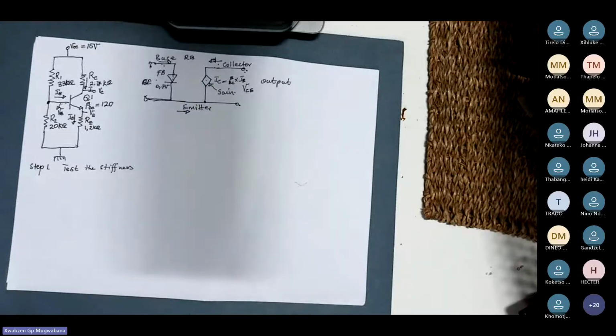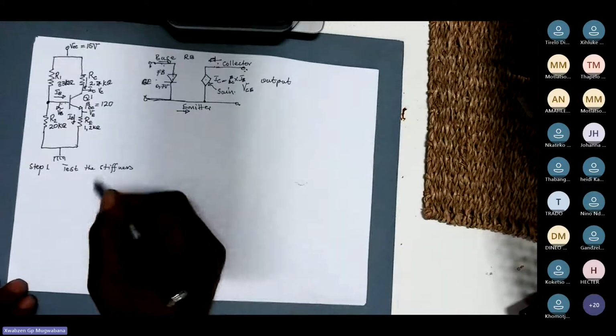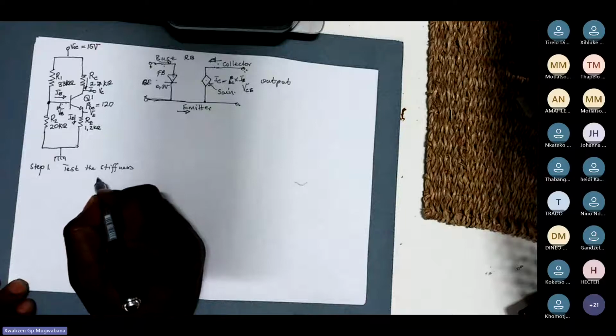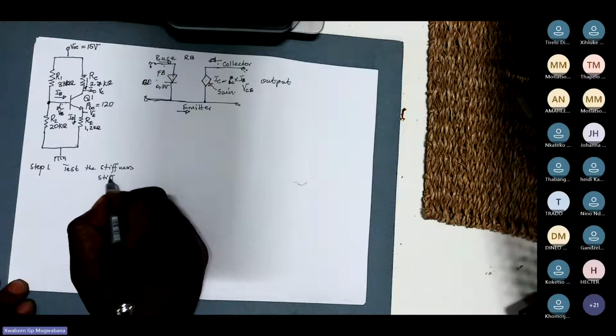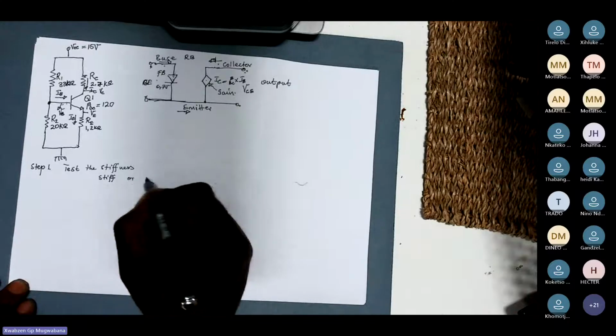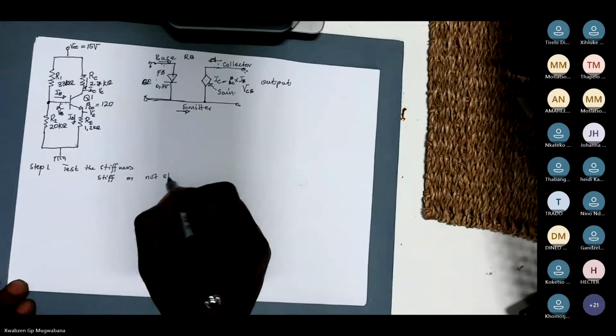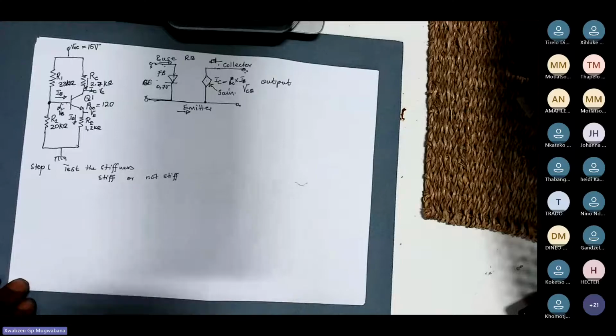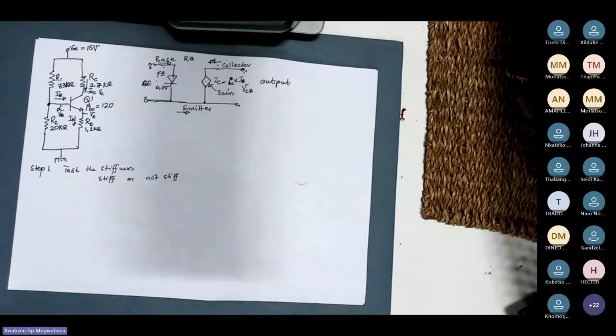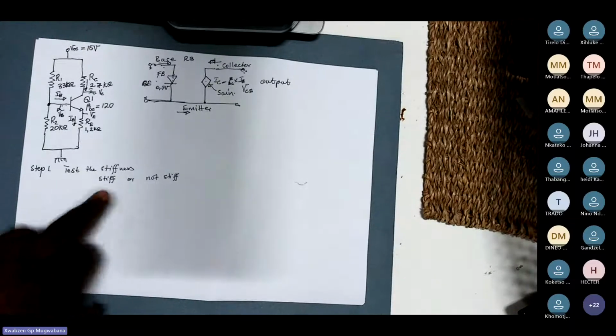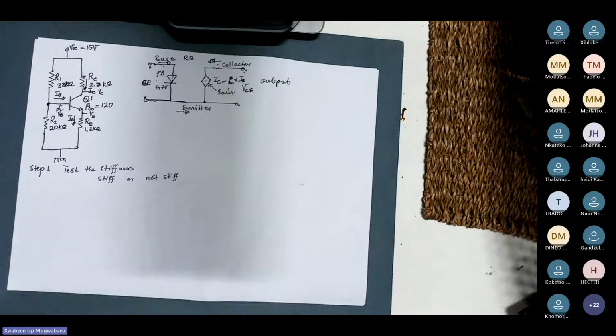We need to check if our transistor is stiff or not stiff.